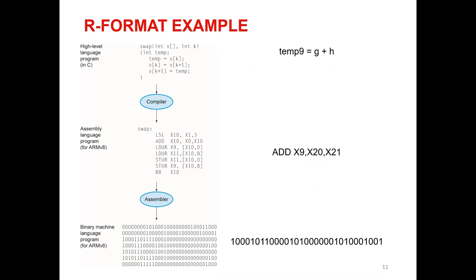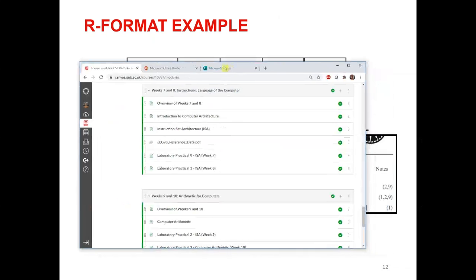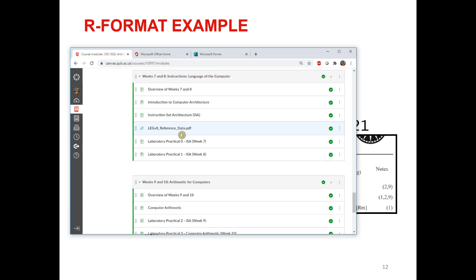So now I would like to show you how we actually look for the operation code. In this case, I have told you that the add operation code was 1112. Remember that I told you yesterday that we have reference data in the Canvas module. We have here, you see, a reference data PDF.